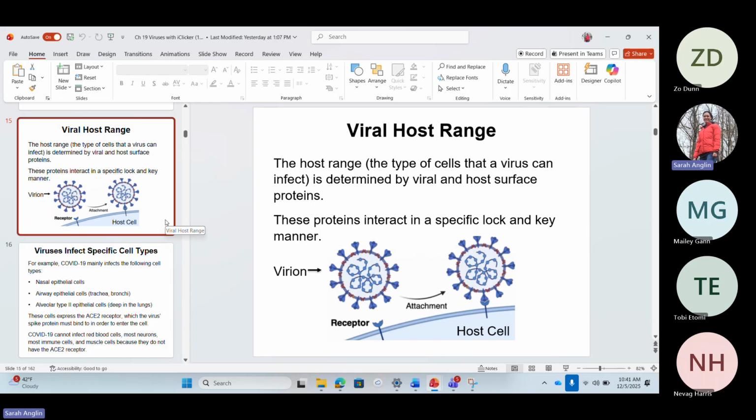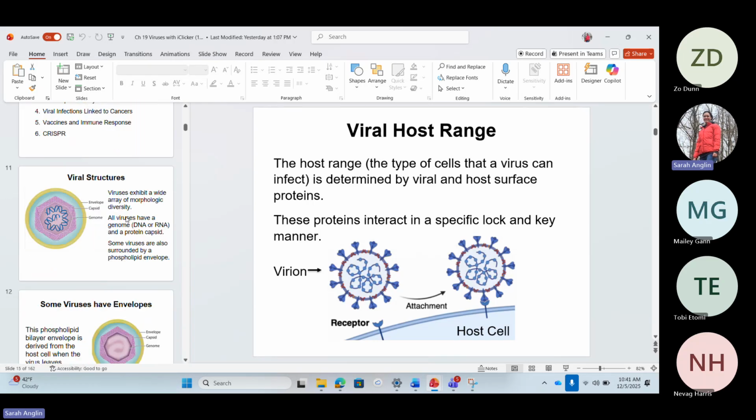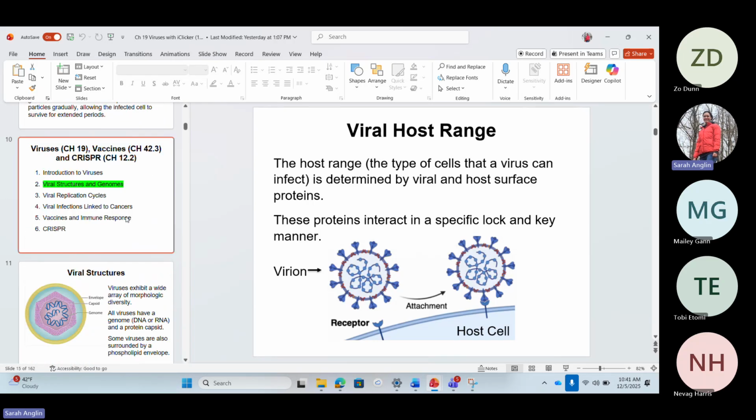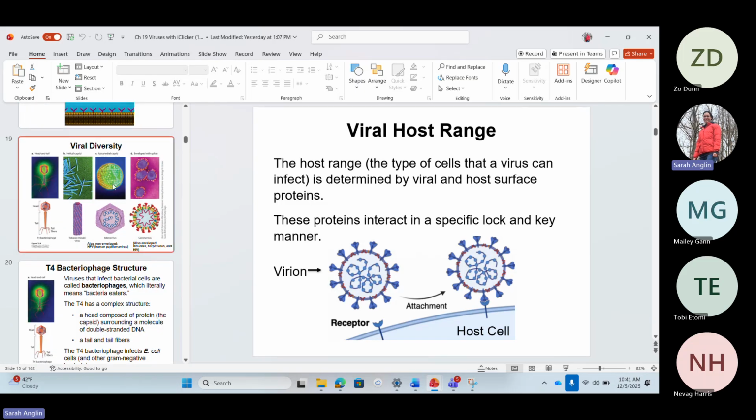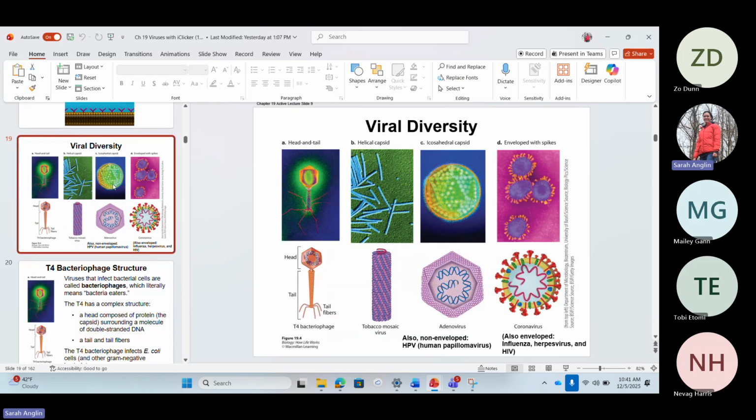Okay. I do have a question where I want you to be able to recognize how these viruses come in different shapes and sizes, and just to recognize the different types of viruses that are out there in particular. So this page is going to be very important to study because you have an example here of viruses that are enveloped, and the example that they give you is a coronavirus.